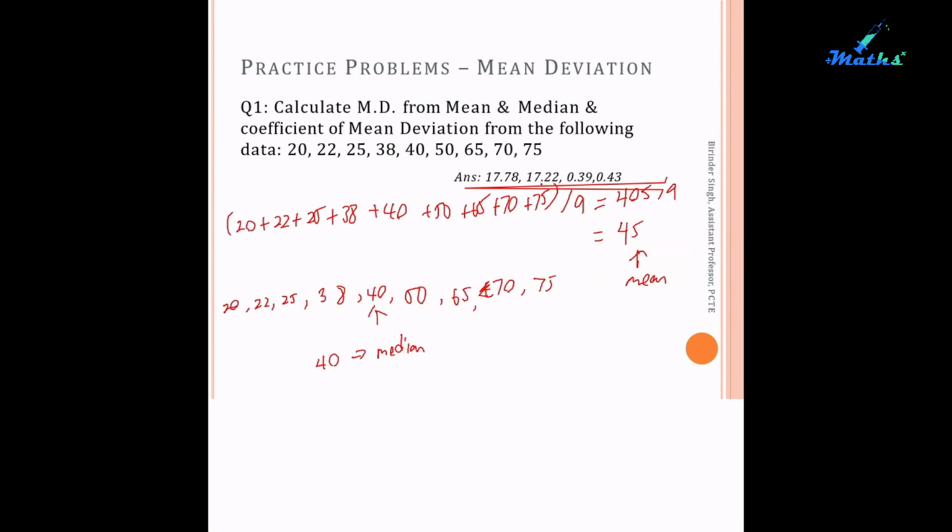Okay, after we find the mean and median, the next step is to find the deviation of each value from the mean and the median. For the deviation from the mean, it equals value minus mean.